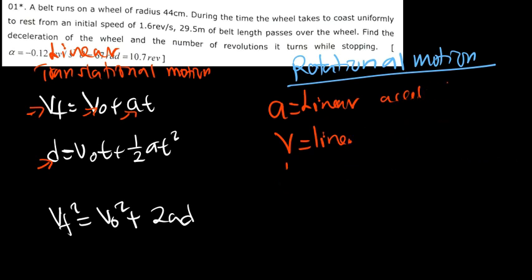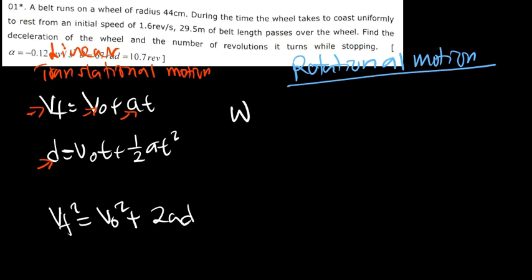Then when we come back to rotational motion, there is the same acceleration, but it's going to be angular acceleration. The velocity is going to be angular velocity. The displacement is going to be angular displacement. Angular velocity is represented by omega, acceleration is represented by alpha, and displacement is represented by theta.